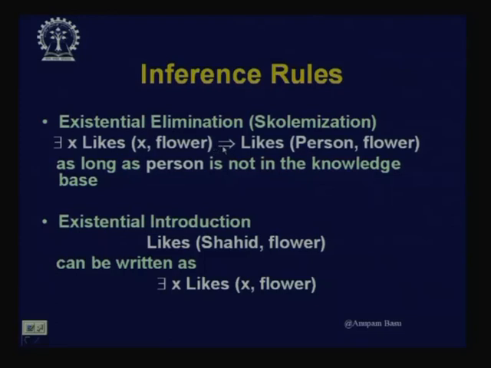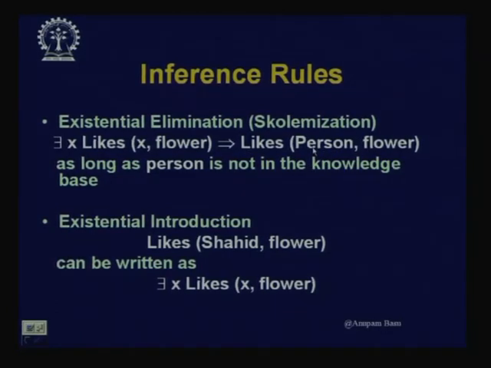Now, this means that likes person flower, where this person is some particular person which is not there in the knowledge base, and if I can find out that person, I can put that in.